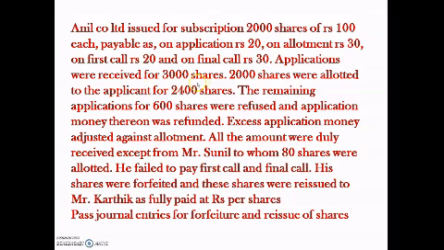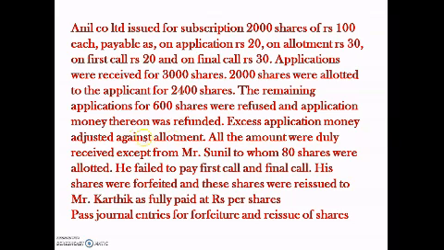Applications were received for 3000 shares. Here the company issued 2000 shares and applications were received for 3000 shares, which means this is a case of oversubscription. Next, 2000 shares were allotted to the applicants for 2400 shares. The remaining applications for 600 shares were refused and application money thereon was refunded.